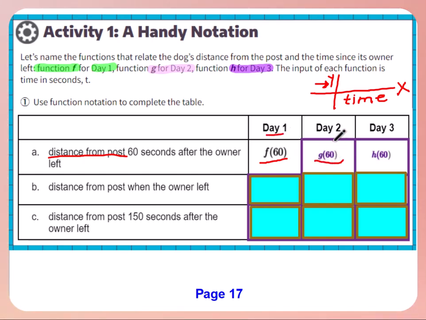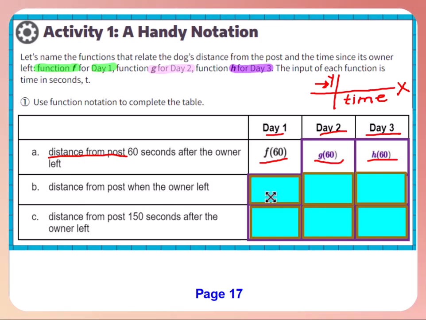G of 60 is how far the dog was away from the post after the owner left on day 2. And then day 3, how far the dog was away from the post on day 3 after the owner left.